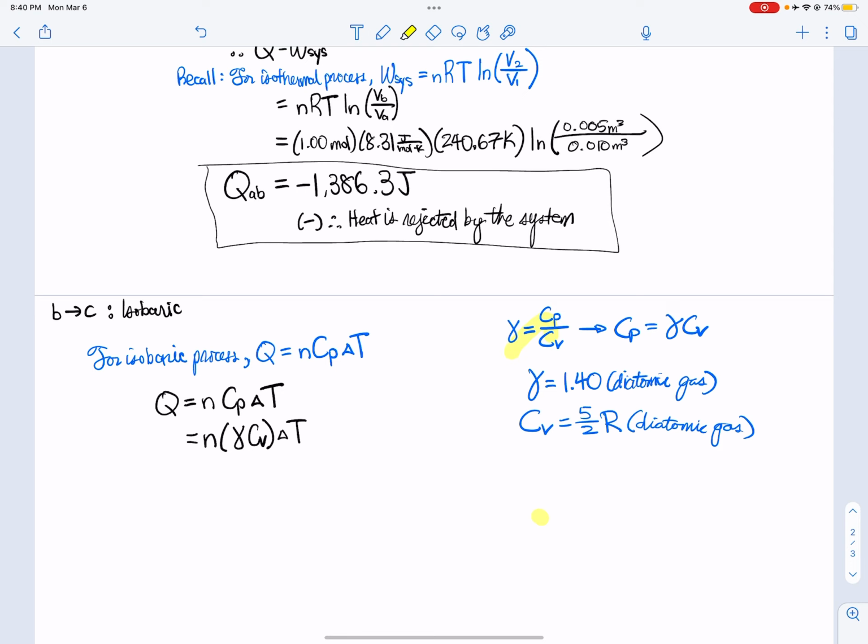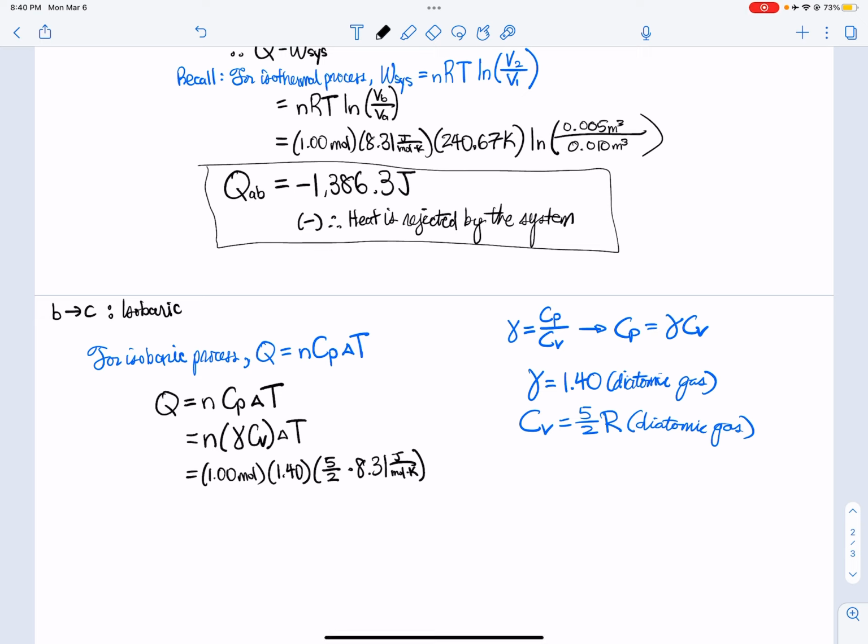So it's very helpful to have these in your cheat sheet. All right. So n, right, is 1.00 moles. Gamma for a diatomic gas is equal to 1.40. CV is equal to 5/2 R, right? And R is just a constant, 8.31 joules per mole Kelvin.